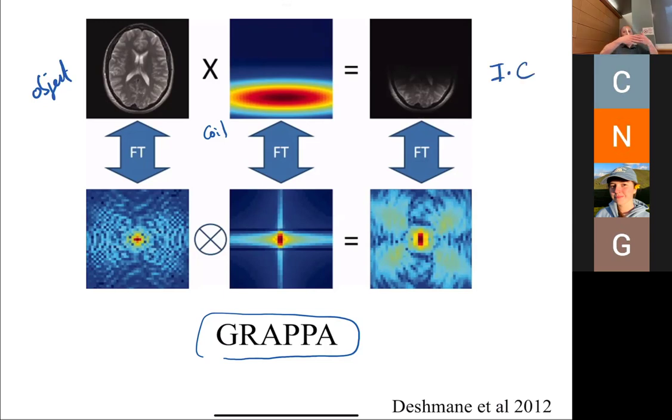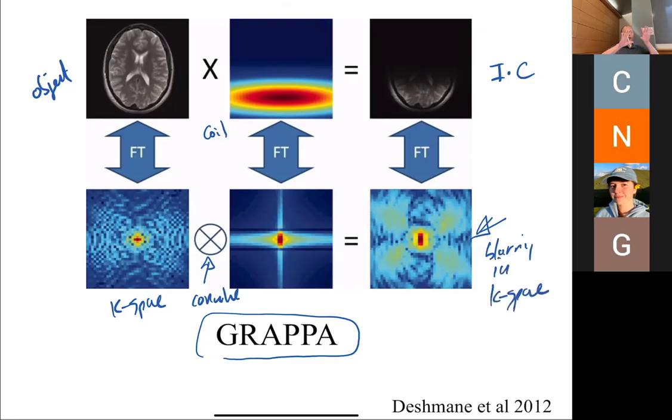So I'm doing a multiplication in the image domain. In the Fourier domain, that means I've got the k-space representation of my object, and now I'm convolving it with the Fourier transform of my coil sensitivity pattern, which ends up blurring in k-space.